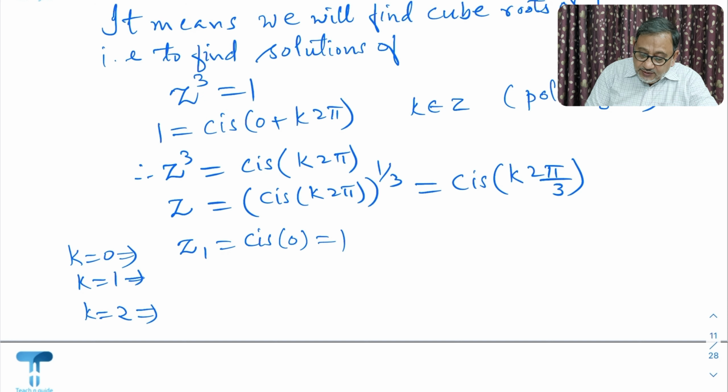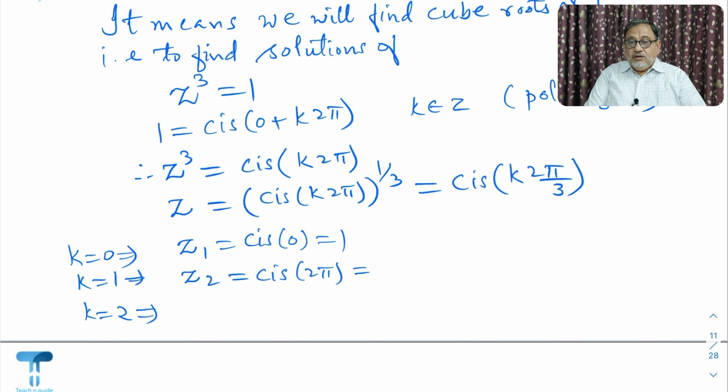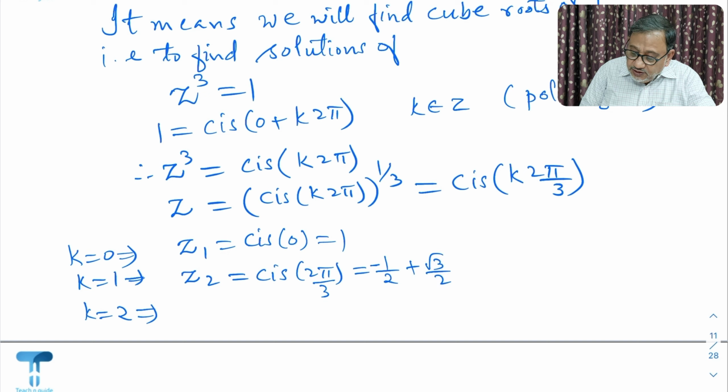Okay, then k is equal to 1 will give you z2, second cube root, cis 2 pi by 3, and 2 pi by 3 is in the second quadrant. Okay, so it will give me the roots as minus half plus root 3 by 2 i, because it is 60 degrees.